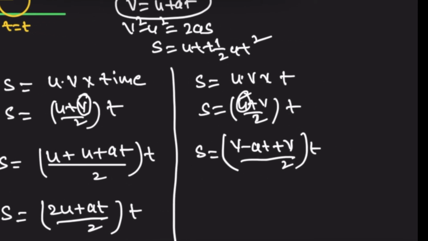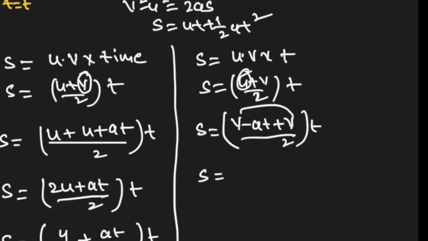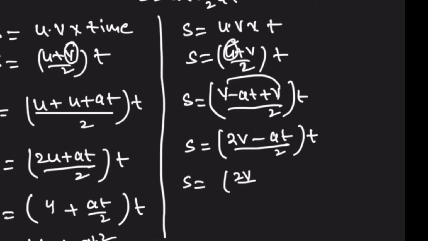Okay, then s is equal to v plus v, that is 2v minus at by 2 into t. So this is written as 2v by 2 minus at by 2.